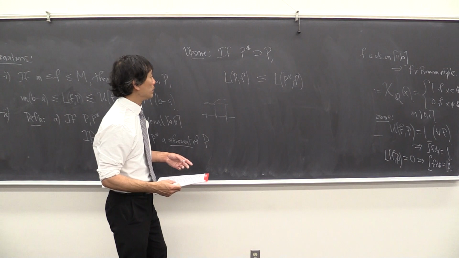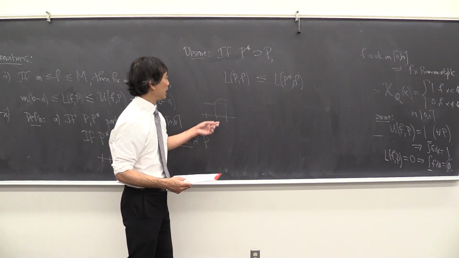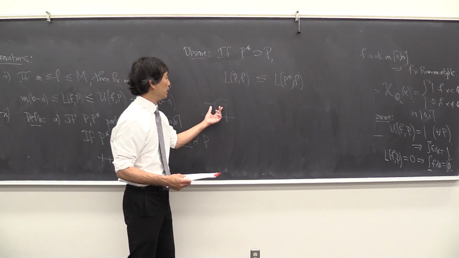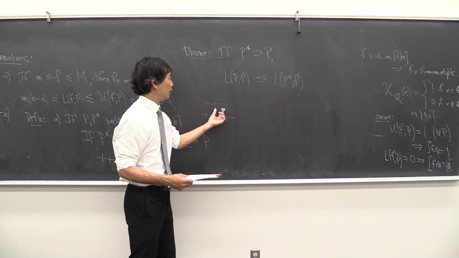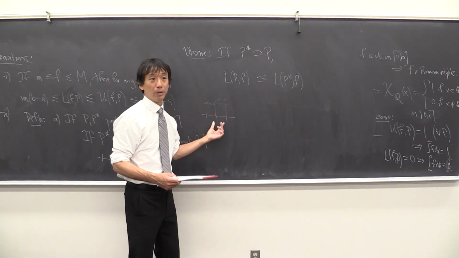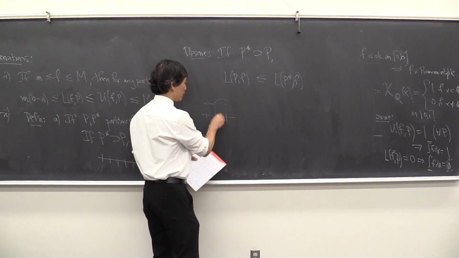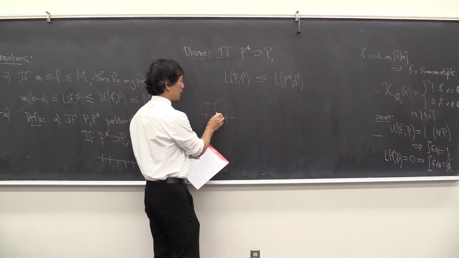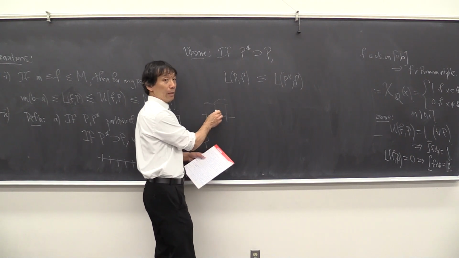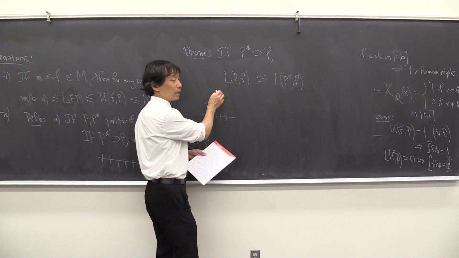Because you're taking the lowest value over a smaller set. So if I throw this point in, now I'm taking the lowest value over a smaller set, so it will only get larger.